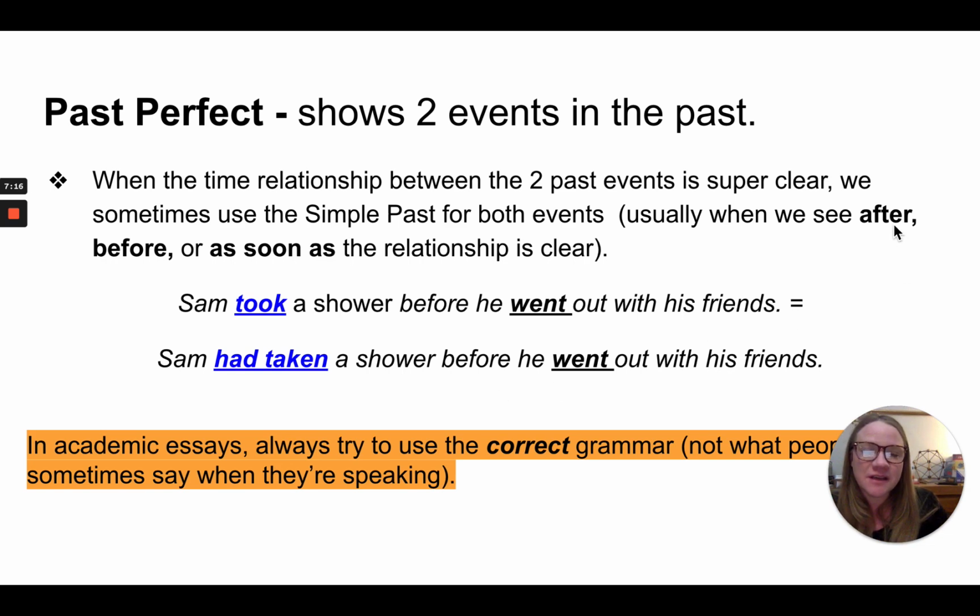We also see these words with after, before, or as soon as, right, to show that the relationship is clear. So again, if you're speaking, you can use simple past for both events, but if you're writing an academic essay, use past perfect for the first event, simple past for the later or the second event.